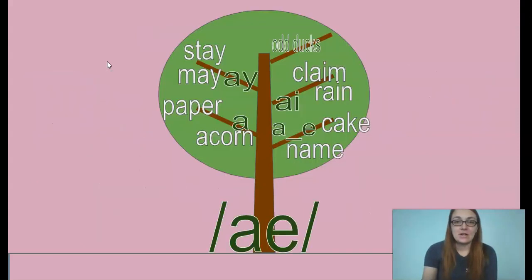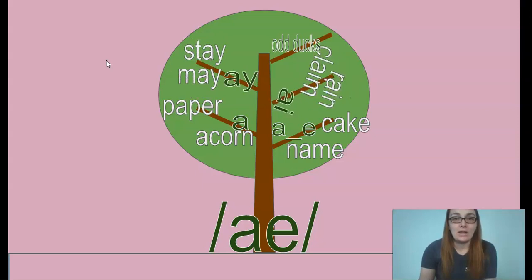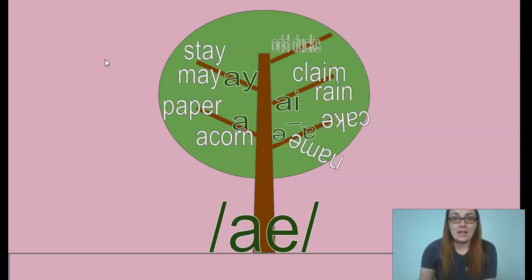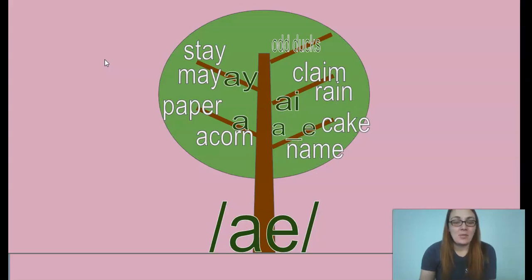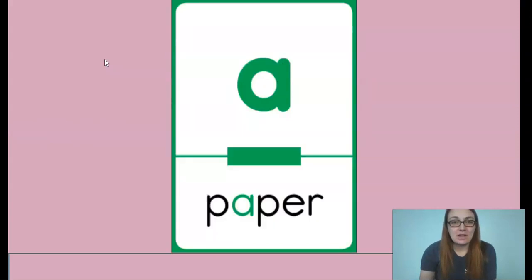Okay, let's get started. So again, here are the A sound spellings. We have stay and may as AY, claim and rain, AI, cake and name, examples of A space E, and then paper and acorn spelled with an A. Today we're going to look at the A sound spelling. Here's the sound card.